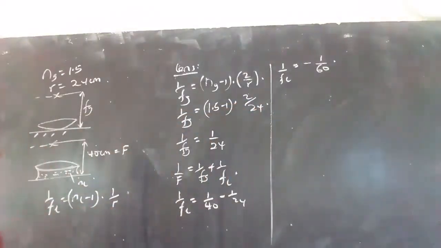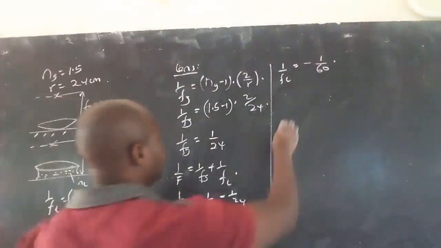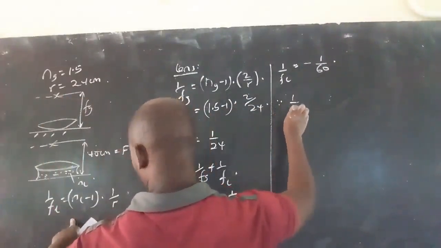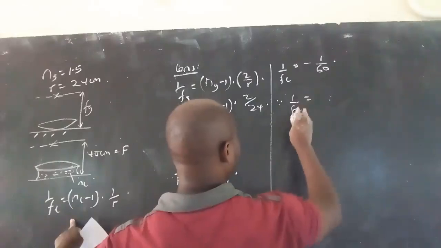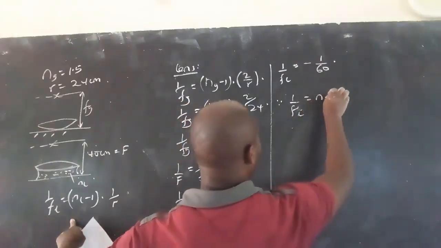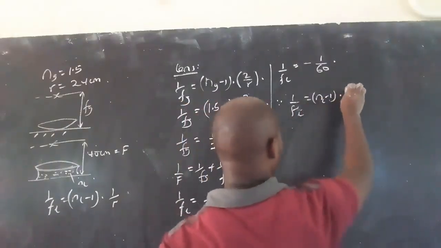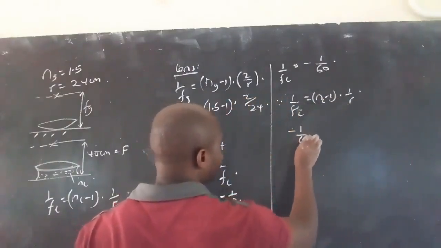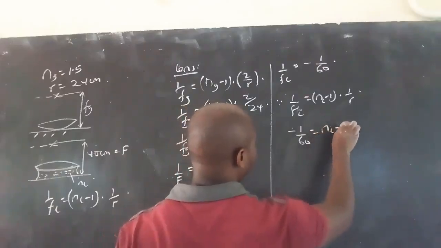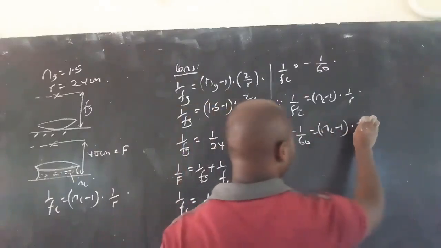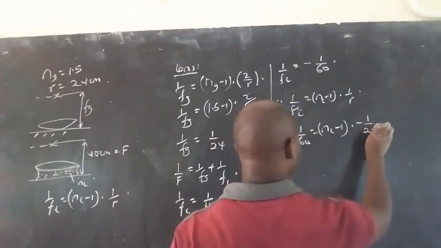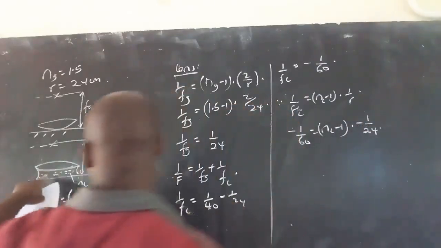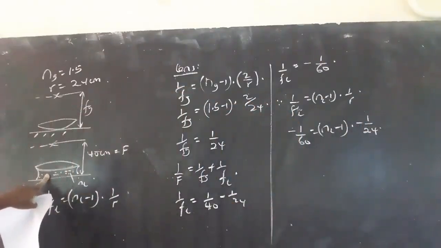Then after that, we say, therefore 1 over F of the liquid is equal to n minus 1 of the liquid times 1 over R. So negative 1 over 60 is equal to n minus 1 times negative 1 over 24, because this is a concave lens. It acts as a concave lens having a virtual radius of curvature.